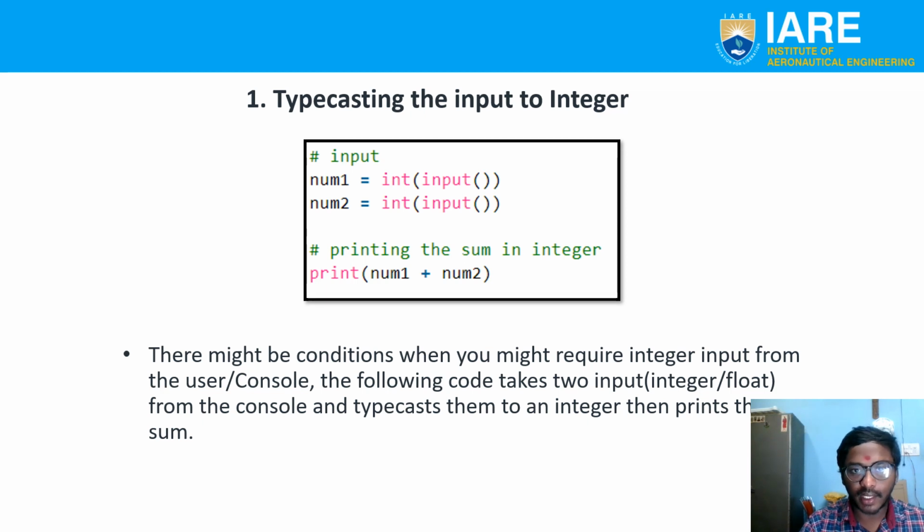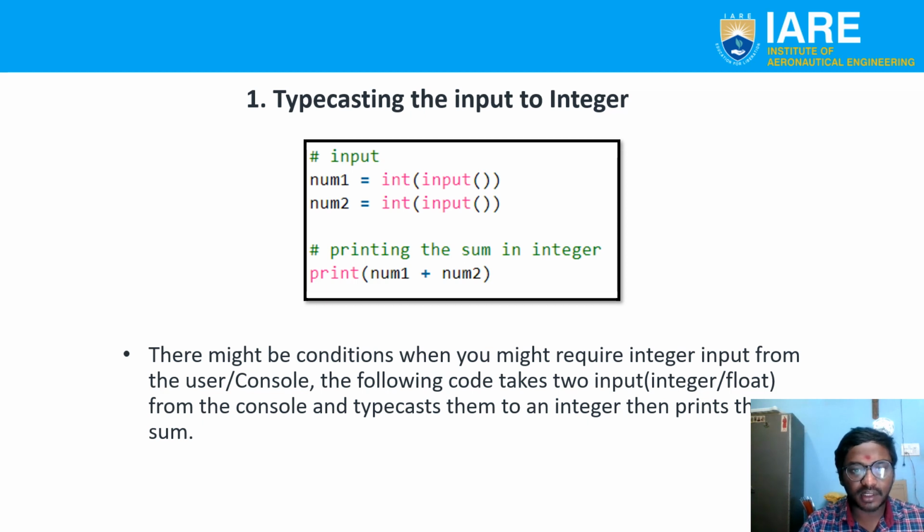Number 1, typecasting the input to integer. Here num1 is the name and the value is int input open bracket and close bracket, so the user should enter an integer value. Similarly num2 equals int input open bracket close bracket.